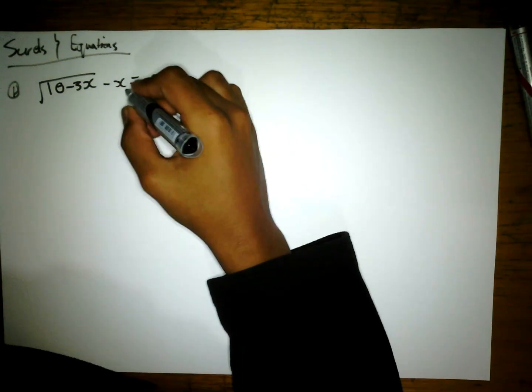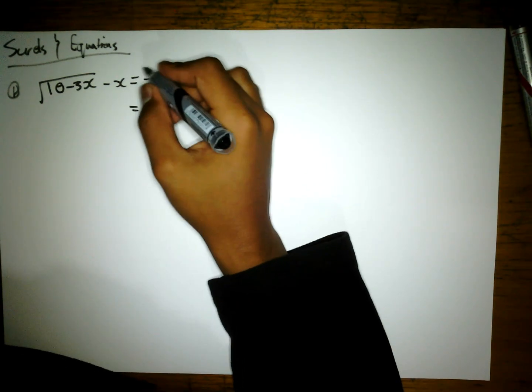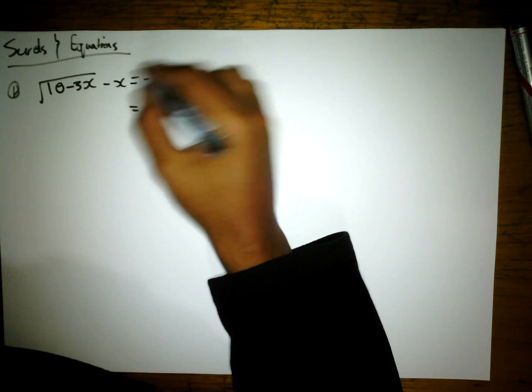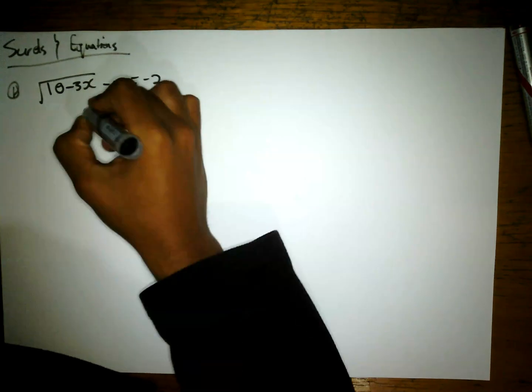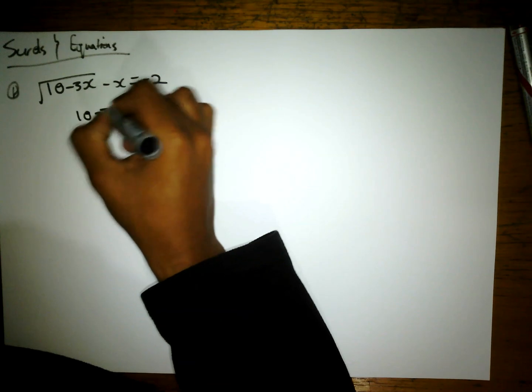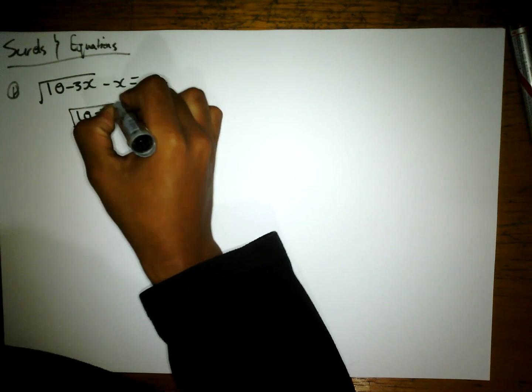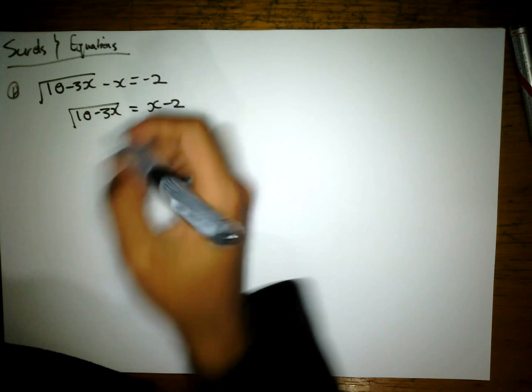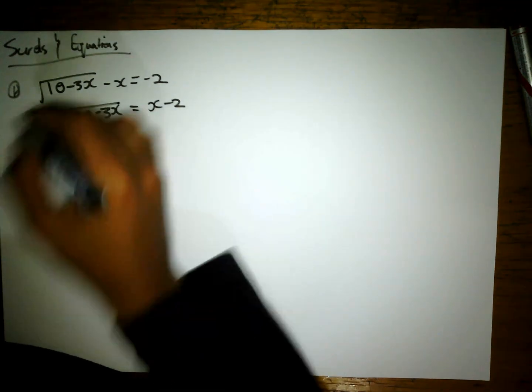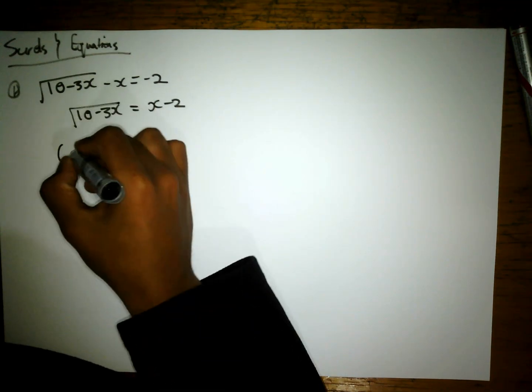So when you get this, first thing you do is you put that square root on its own side. So x minus 2, 10 minus 3x. What do we do now? We don't want the square root. So what do we do? We square both sides.